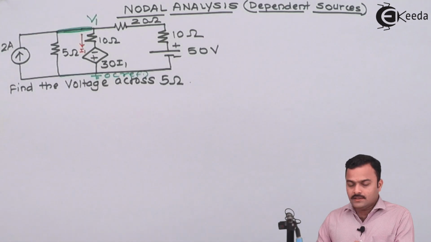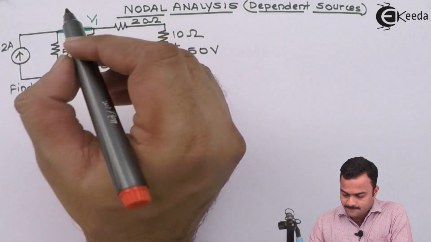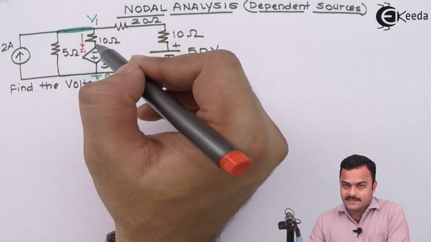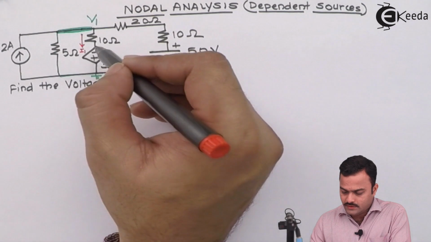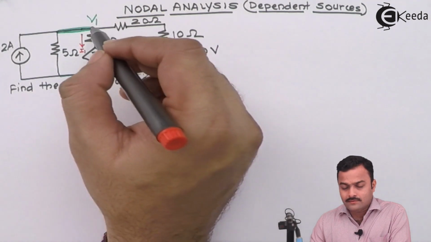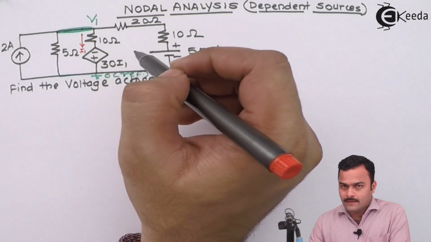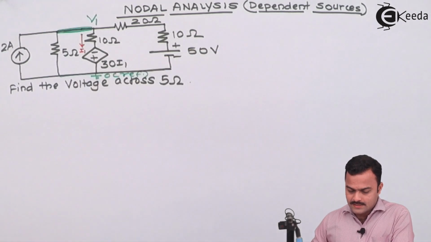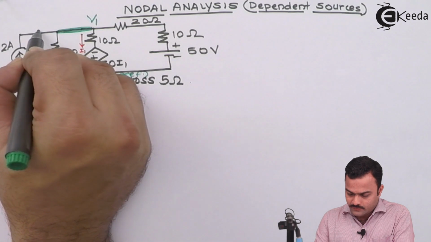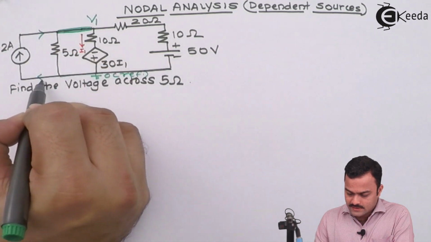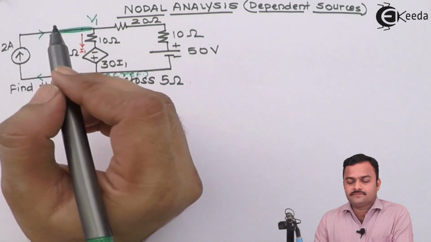Since we have only one node present in the circuit, all the branches in the circuit are meeting at that node. So 1, 2, 3, and this entire thing is one branch, so I can consider 4 branches are there. Let's mark all branch currents. This is a current source. We will maintain the current direction as it is, so it's from reference to V1.